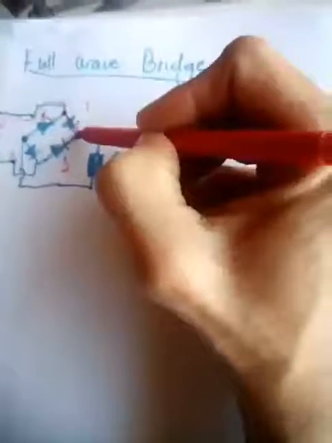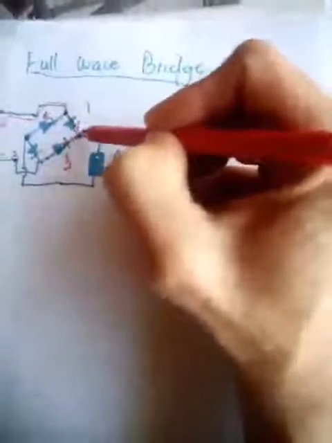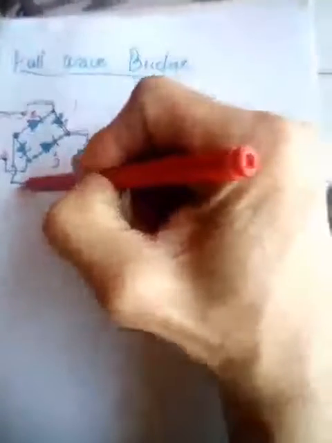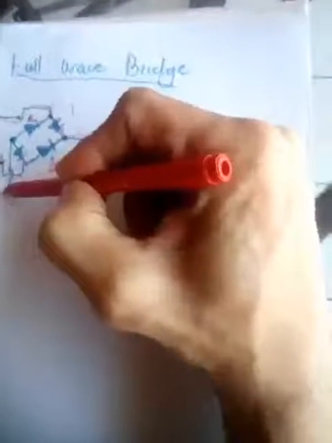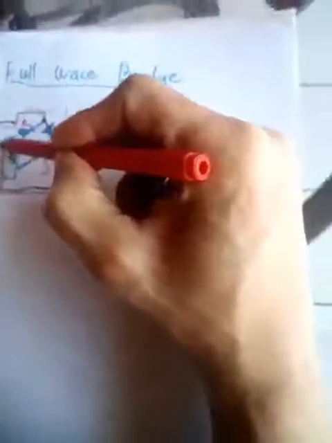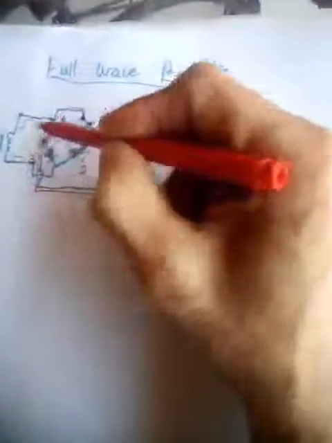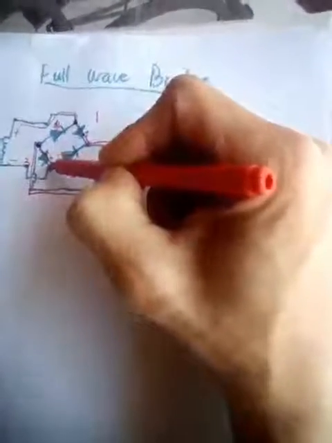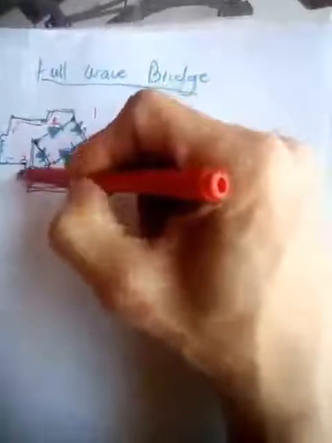It flows through there, it won't go through 2, it will go right through the load resistor, come down here, and come up, and at this point it will go through diode 3 because it's forward biased, come down here and back to my negative. And that's how your current will flow for the positive cycle.